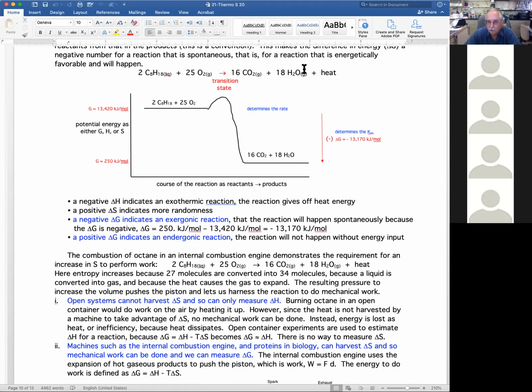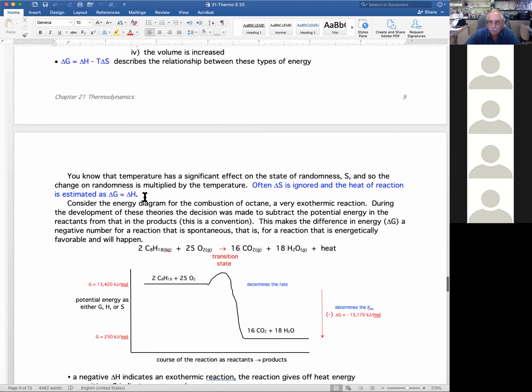But I have no way to measure the delta S, so I can't measure the complete delta G. So open systems cannot harvest energy, and this is energy, so we can only measure the delta H. So going back to what I was explaining up here, this is what I can measure in an open system. I have no way to measure the entropy.